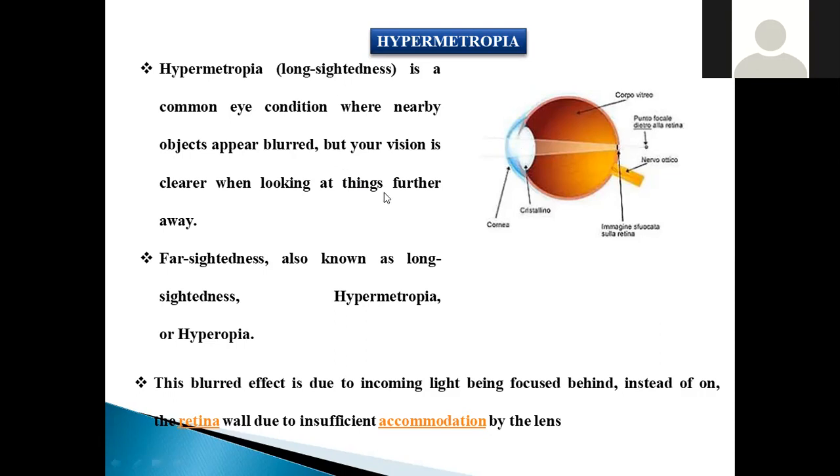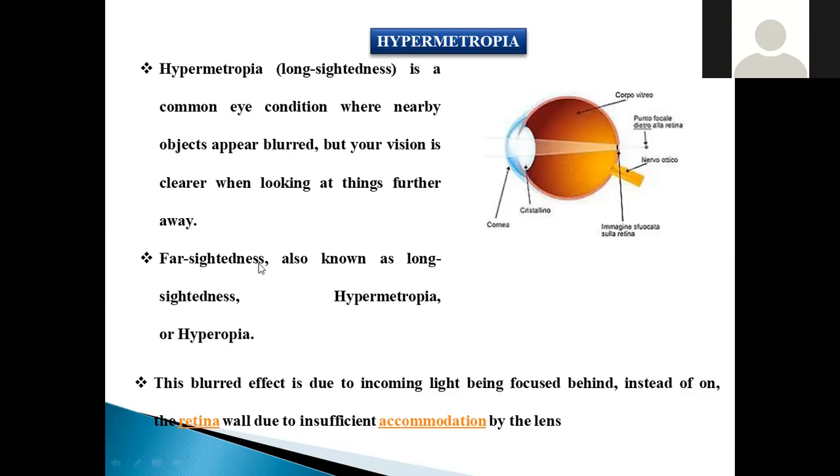This is the reverse of myopia. In myopia, the image is formed in front of the retina. In case of hypermetropia, the image is formed behind the retina, so the retina does not gather the image information, and you can't get any vision of that object placed very near to the eye.